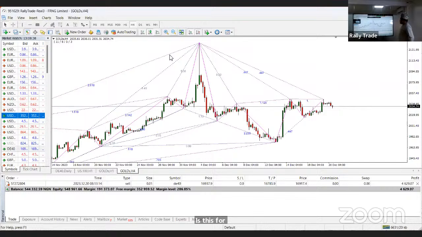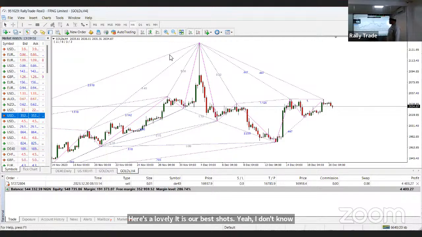Looking at this H4, if we take this as a long leg, these are the first shots. Another long leg. This one has really done much.